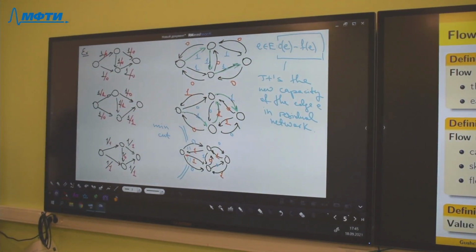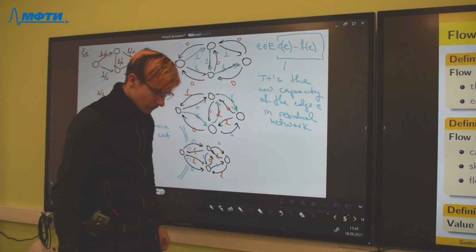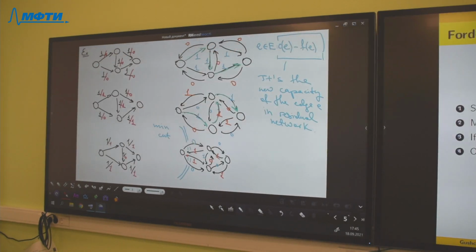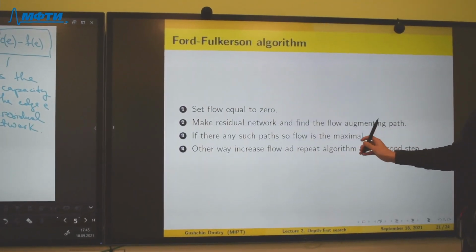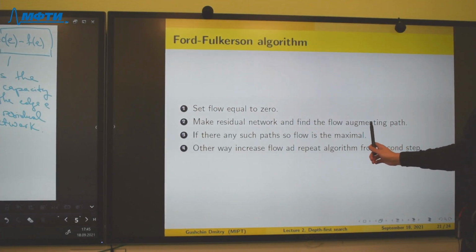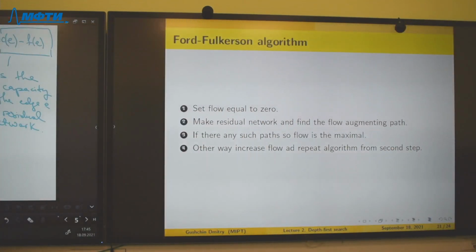So then if we have a flow network with flow, we can draw a residual network by the algorithm. Yep. We need to make a residual network and find the augmenting path. How can we draw this residual network?